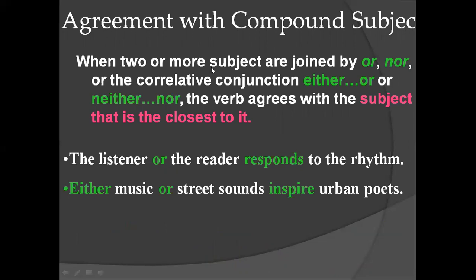And when two or more subjects are joined by or, nor, or the correlative conjunctions either or and neither nor, the verb agrees with the subject that is closest to it. The listener or the reader responds to the rhythm. Because the listener and the reader are the same person, that's why the verb takes the ending s and should be in singular form.